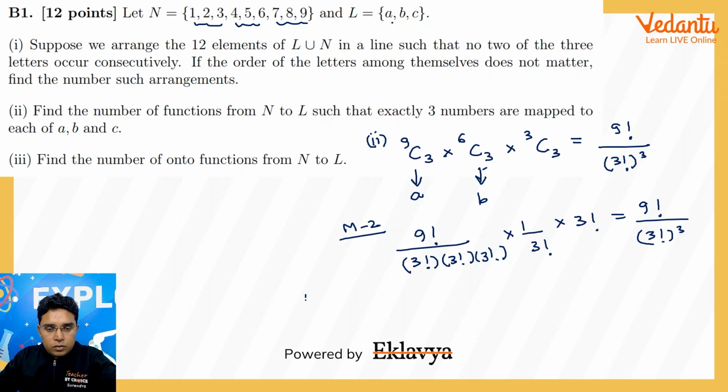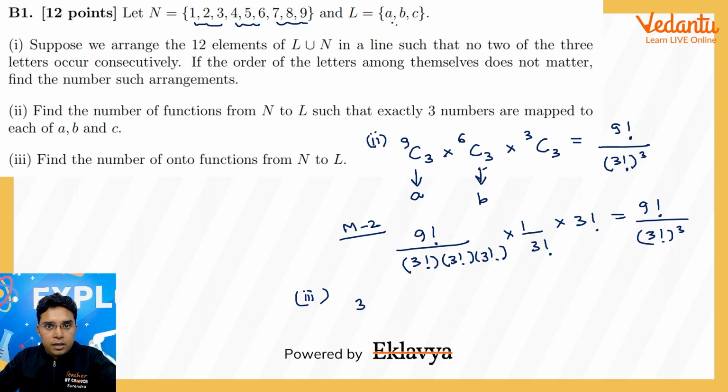Now coming to the third part of this question, in which we are asked the number of onto functions from N to L. Now for this question again we may have 2 methods. One is the inclusion exclusion method, in which we will first count all these functions. All these functions means when elements 1 to 9 are connected to either A or B or C. So every element here has 3 options.